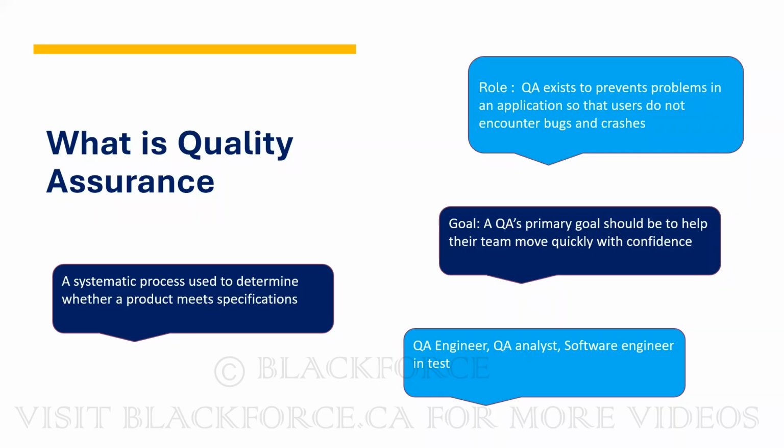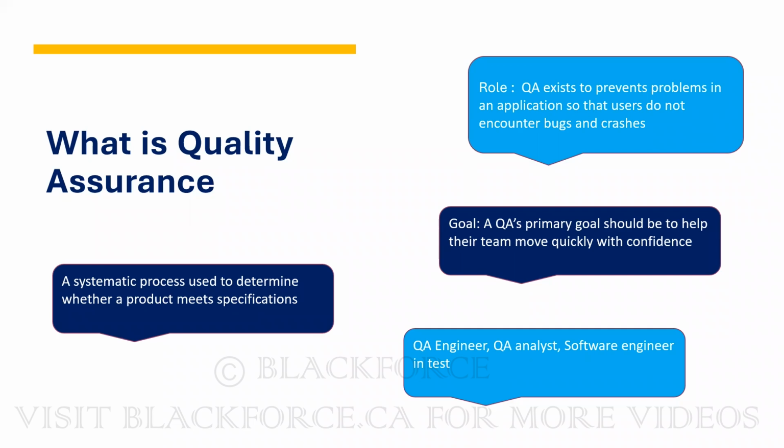The quality assurance person on your team is trying to prevent problems in those applications before you give them to your users, so that they don't encounter bugs and crashes. You don't want a situation where you finish developing something and give it to the user and they're seeing bugs and issues. Sometimes as a team, you feel demoralized that, oh, we built this thing, but the user is just finding a lot of issues, right?